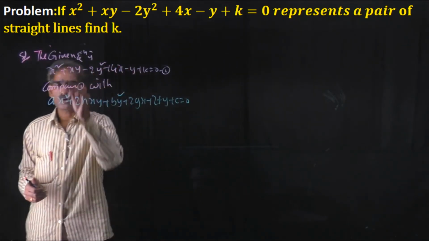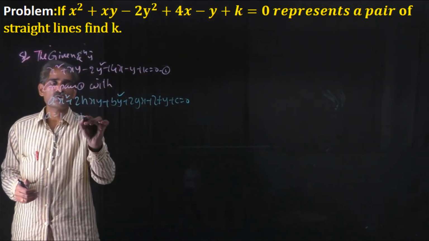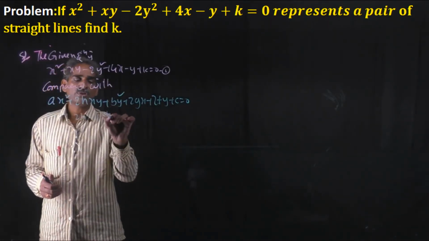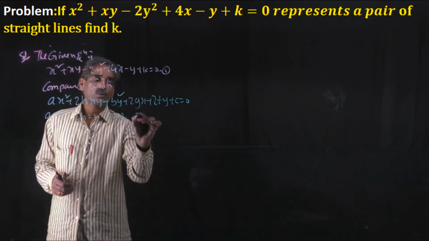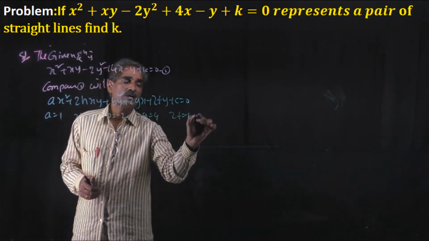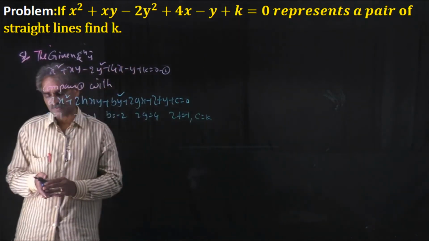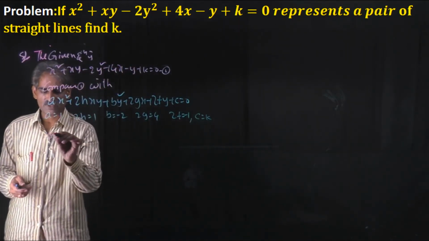Okay, now compare the values. Here a is equal to 1, 2h is equal to 1, b is equal to minus 2, 2g is equal to 4, 2f is equal to minus 1 and c is equal to k. Now substitute these values in the formula delta equal to 0. What is the formula for delta equal to 0?